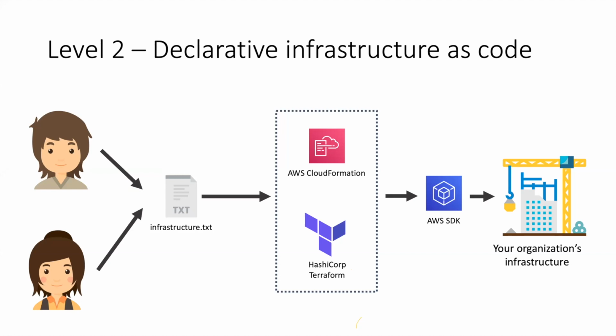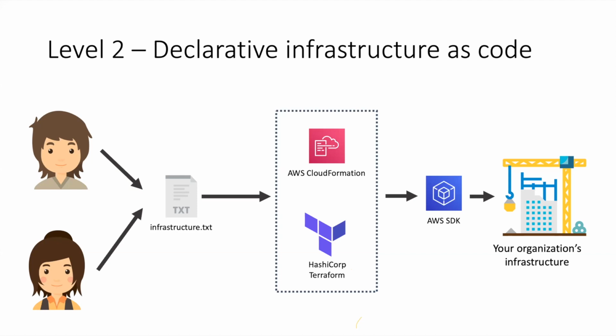The idea behind declarative infrastructure as code is that rather than explicitly writing code, you write a description of what you would like to create, and there is code which consumes your description and automatically calls the API on your behalf to create things based on your description of what you would like to create.